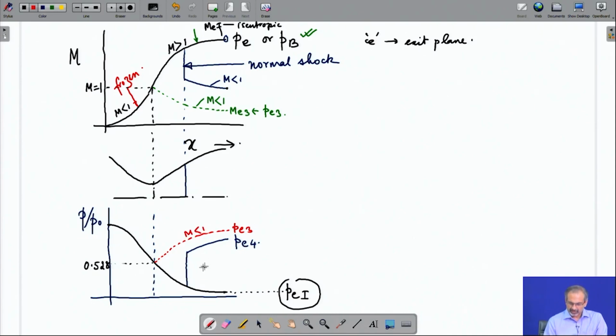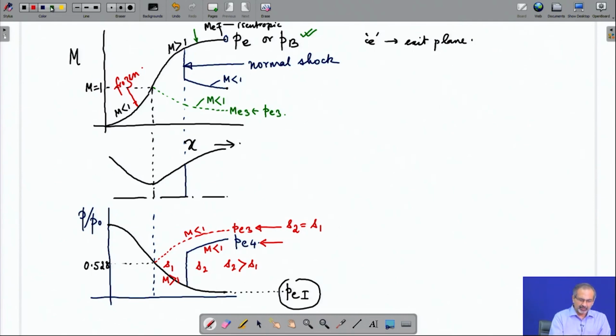Here, on the other hand, you have a supersonic branch followed by the shock and a subsonic branch. That means, the flow does not remain isentropic anymore. So, there is an upstream entropy, there is a downstream entropy, and there is a rise in entropy in this case. While in the previous one, the downstream entropy was exactly equal to the upstream entropy. So, that is the difference we have to keep in mind.